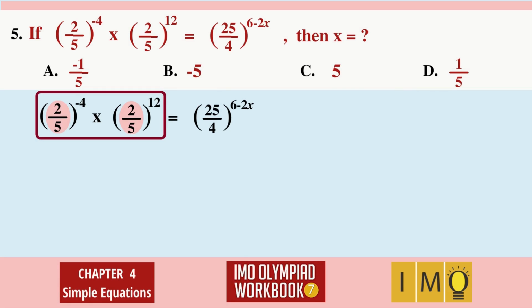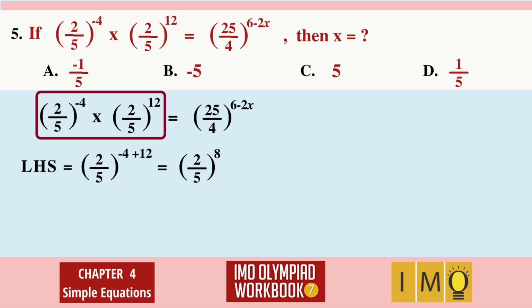Here our base is the same, 2 by 5. So we can go ahead and add the powers. So our expression becomes 2 by 5 whole to the power of minus 4 plus 12, which is 2 by 5 whole to the power of 8.